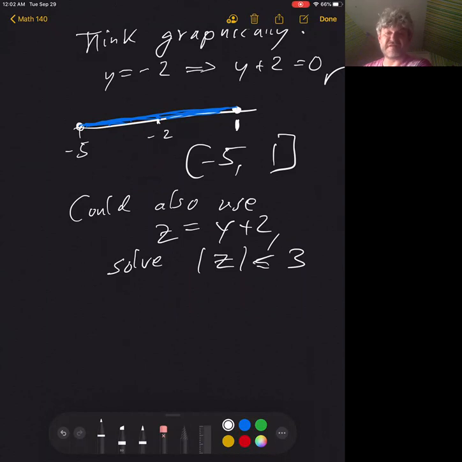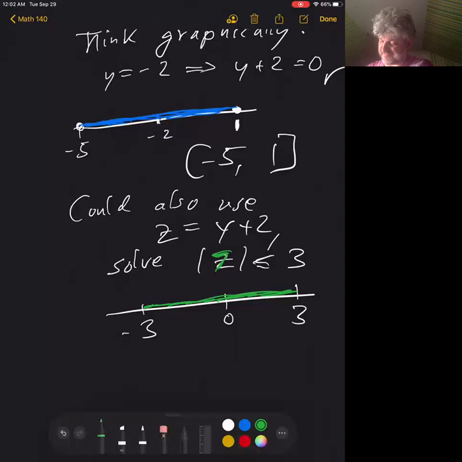And it gives you all the z values from -3 to 3. The z itself could be green. But then the y values, that is z minus 2. Every single y value, you grab a z value and subtract 2 from it, which shifts everything. So you go down to the -5 and from the 3 down to 1. 2 units to the left.